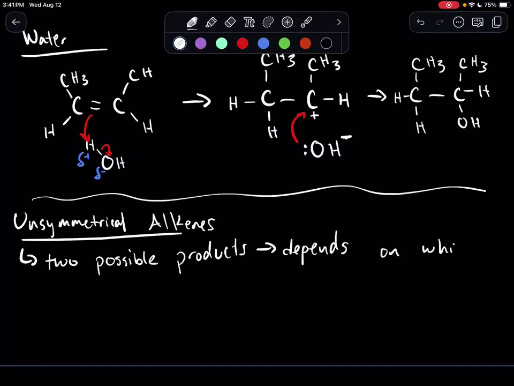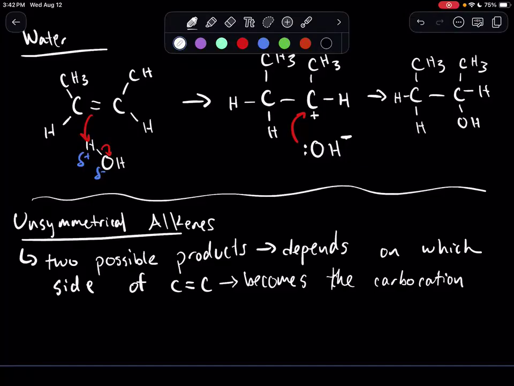But we'll have two possible products, and this depends on which side of the carbon-carbon double bond, which then becomes a carbon-carbon single bond, becomes the cation, becomes the carbocation.